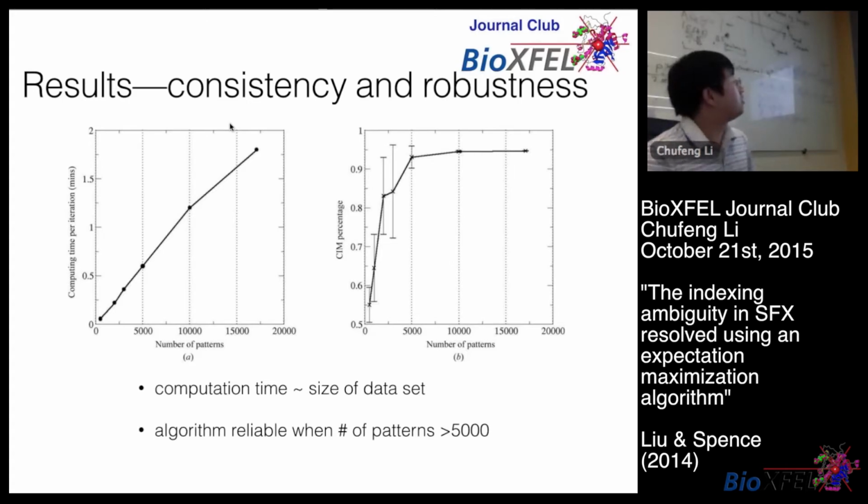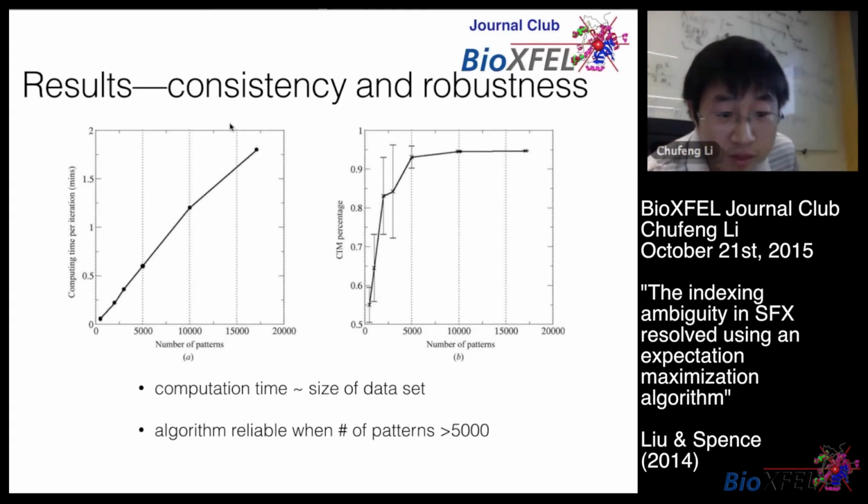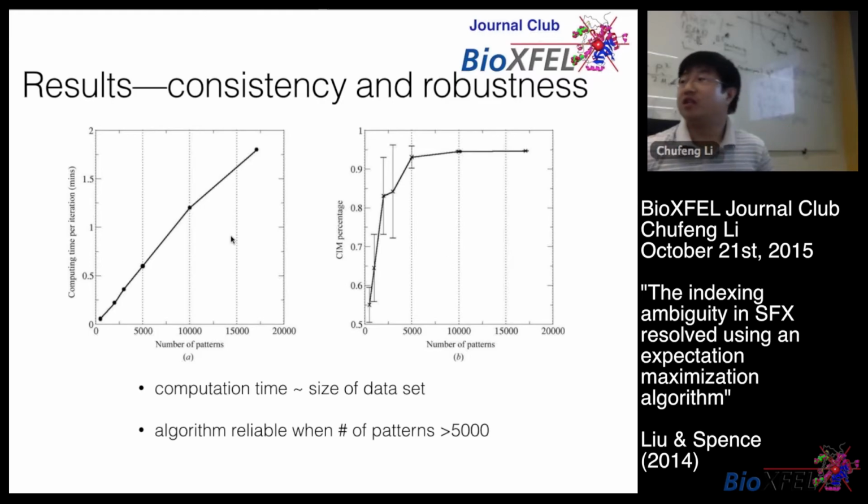The authors also looked into the computation time and the number of patterns we need to provide reliable results. From the figure on the left-hand side, we can see that the computing time is approximately directly proportional to the size of the data set, the number of patterns, which is quite good because it is not time expensive. On the right-hand side, it shows the percentage of the corrected indexing modes.